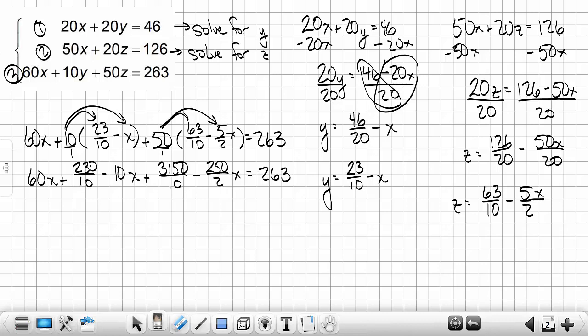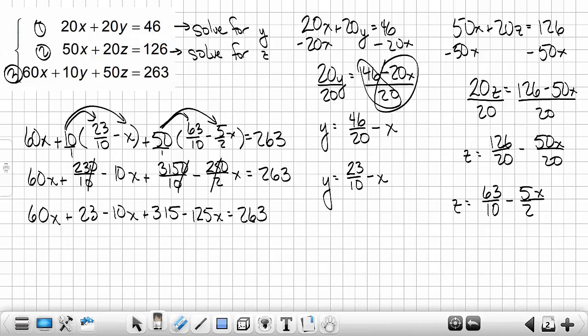Every single one of these fractions reduces and is gone. So I'm going to do 2 more simplification steps. There we go.